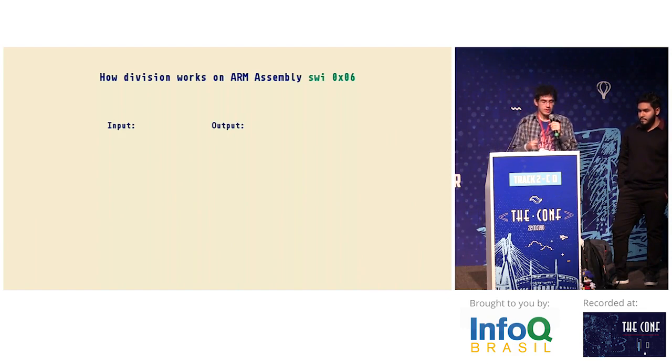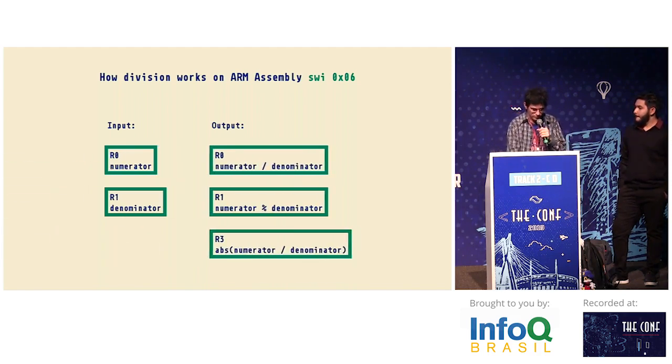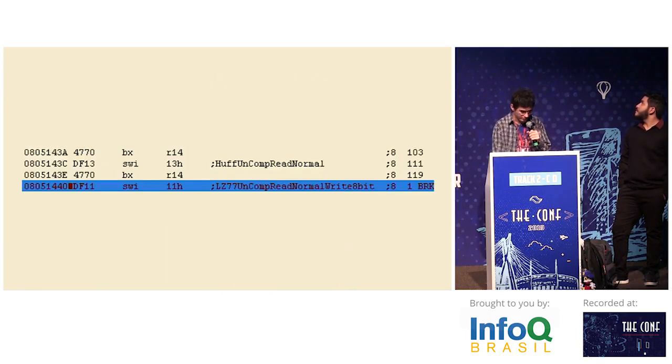For example, there is a SWI code to use the divide operation. To call it, you just need to use SWI with the number 6 and send the parameters in the registers. R0 is the numerator and R1 is the denominator. And the output of the division will be saved in the registers.